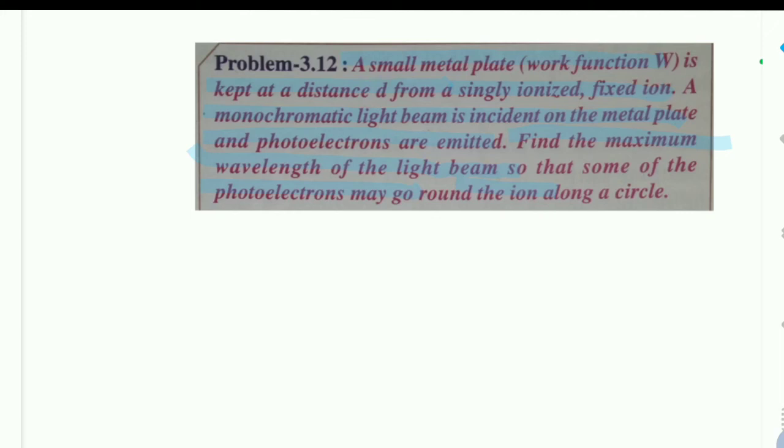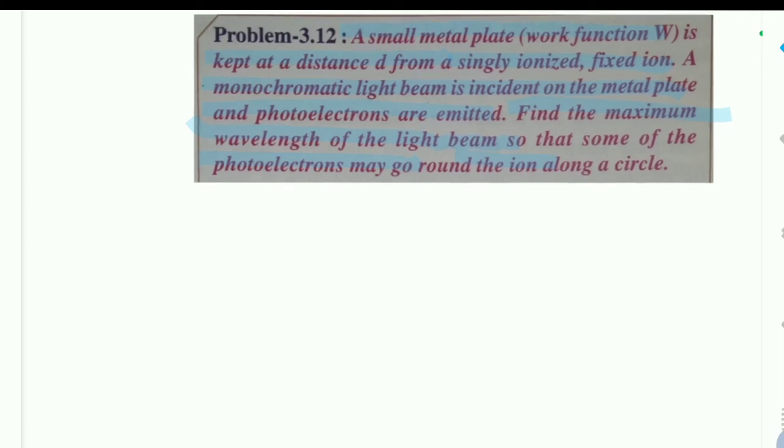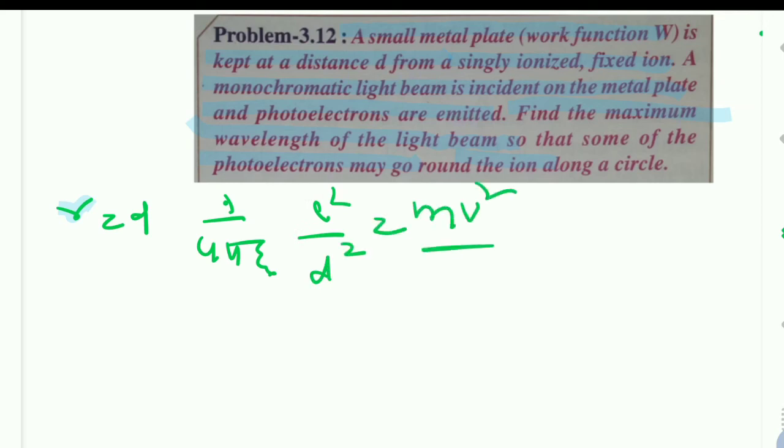From this information, the electron is moving around the ion in a circle of radius d. So the centripetal force is provided by the electrostatic force, so both are equal. 1 by 4 pi epsilon naught e square by d square is equal to mv square by d.